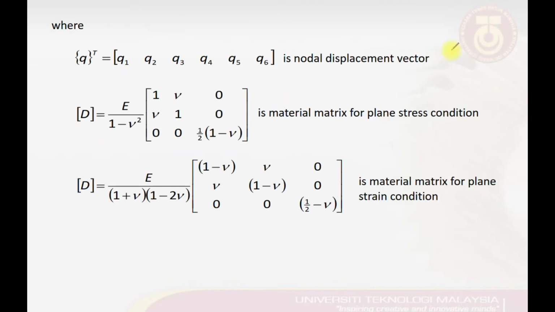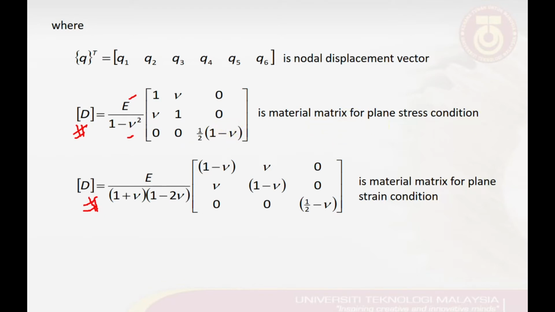We know that for one CST element we have 6 degrees of freedom, so Q actually refers to the displacement at each nodal point both in x and y directions, and D is the materials matrix, which contains all the material properties of our structures.